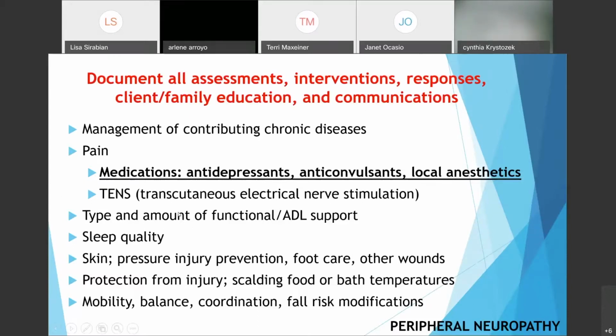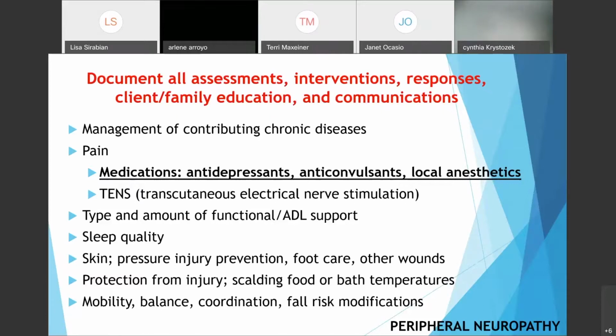So again, the type of functional support, sleep quality, skin, pressure injury prevention is huge, and of course, particularly with foot care and other wounds. Taking care of the feet, monitoring the feet, cleaning the feet, moisturizing the feet, all of those are very important. Preventing from injury, again, because they lack the protective sensation.